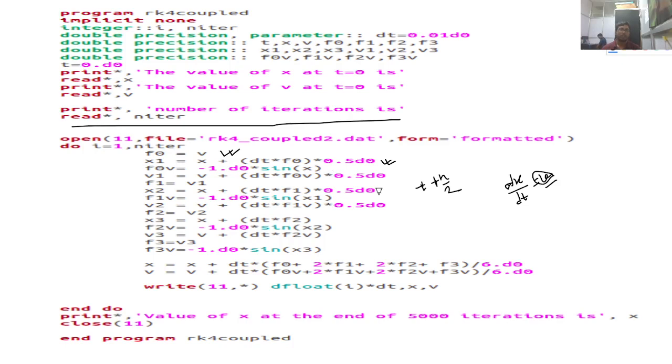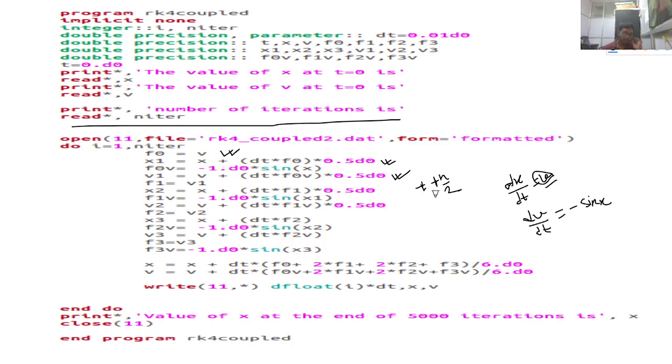What does that mean? That we have another equation, which is dv/dt, that will be minus sin x. Okay, so I am using this equation to calculate the slopes, and then that slope is used for updating the value of v at t plus h/2.